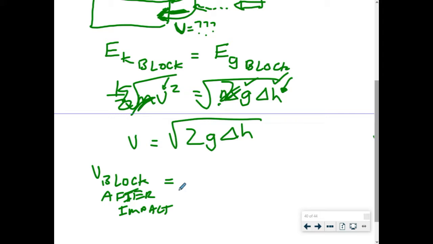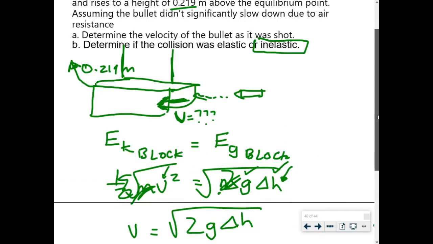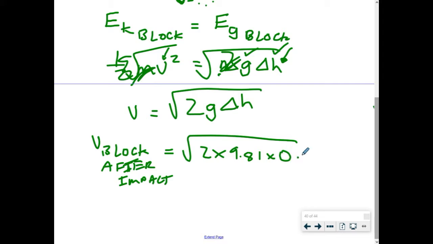Was the block moving before impact? No. So this is the second after the bullet lodges itself inside. Okay, so let's find that now. 2 times 9.81 times, what was the height? 0.219? Where's my calculator?